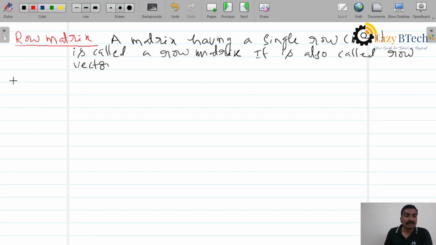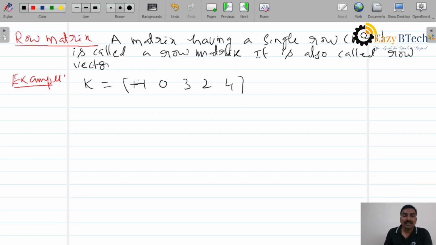See an example. A matrix having a single row, that means m equals 1. Suppose some matrix K equals -1, 0, 3, 2, 4.